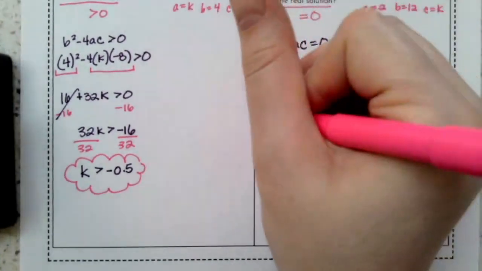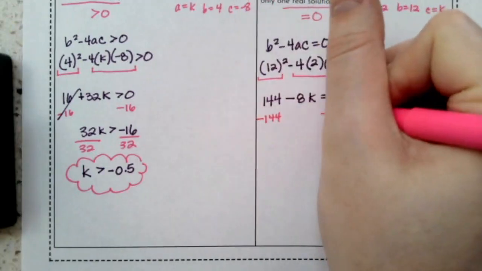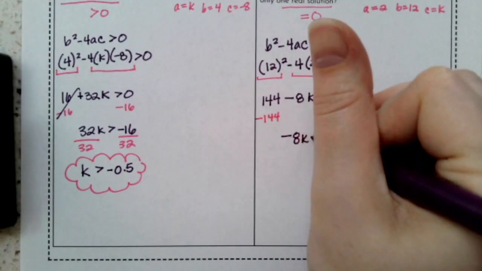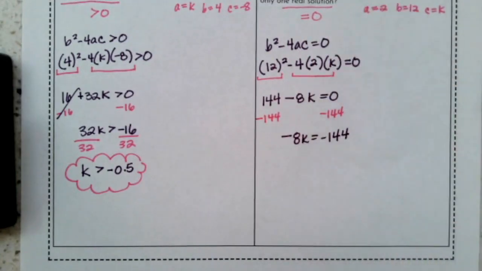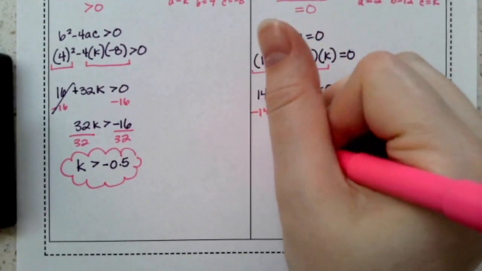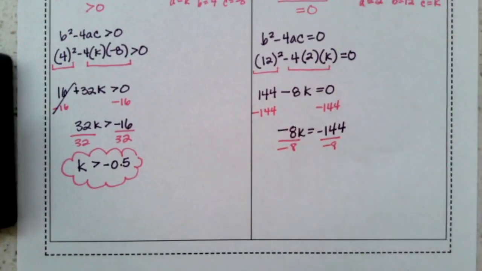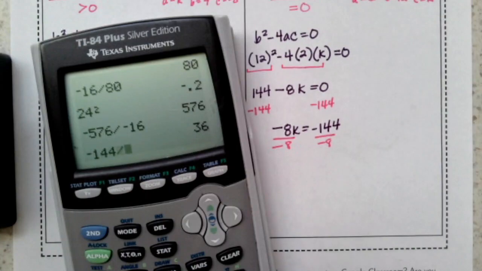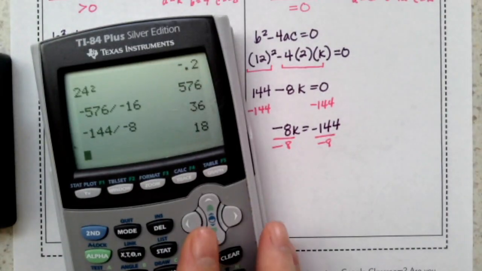Then I can get rid of 144 by subtracting. And divide both sides by negative 8. We get 18.